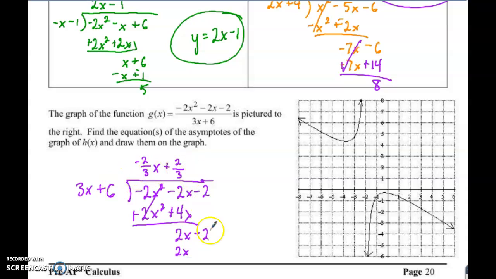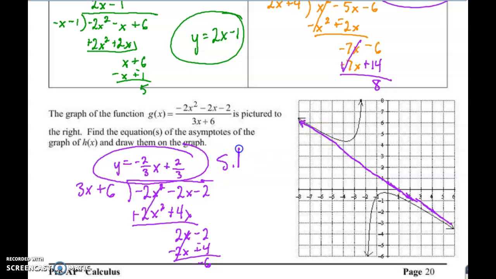Let's see, that would be 12 divided by 6 again to give me 4. But then as I subtract them off, we get a remainder of negative 6. So here's your slant asymptote as you draw it on the graph. I'm going to do a very bad job, I'm not very good at drawing, down 2/3 over 1, or however this looks like. But it does look like it matches up pretty well.